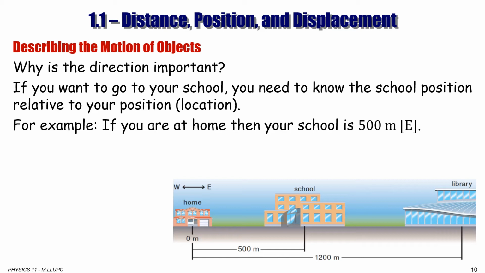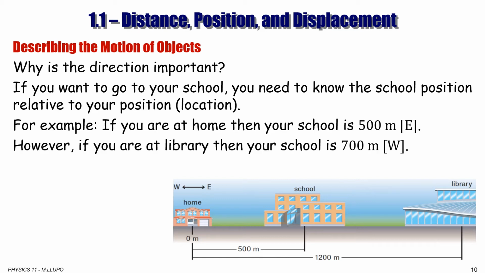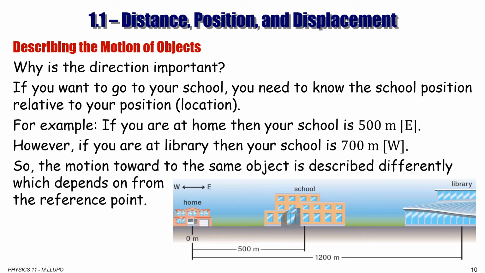But if you are at the library, the same school is 700 meters west of the library. So the motion toward the same object is described differently, depending on the reference point where you are located. That makes direction very important.